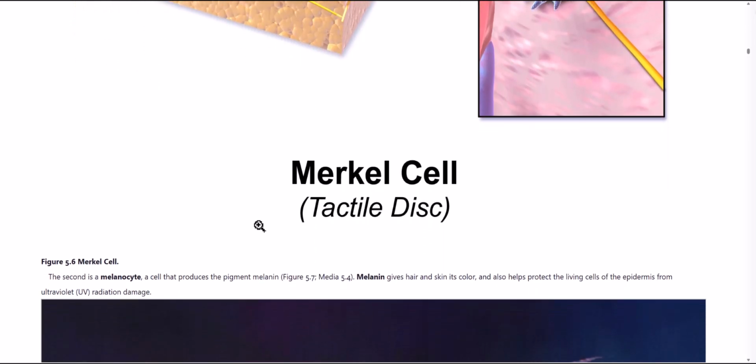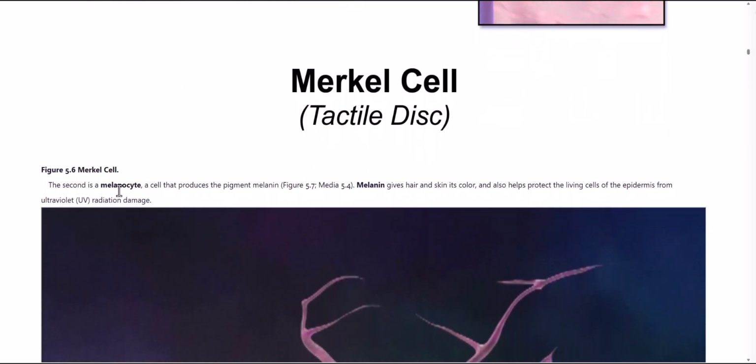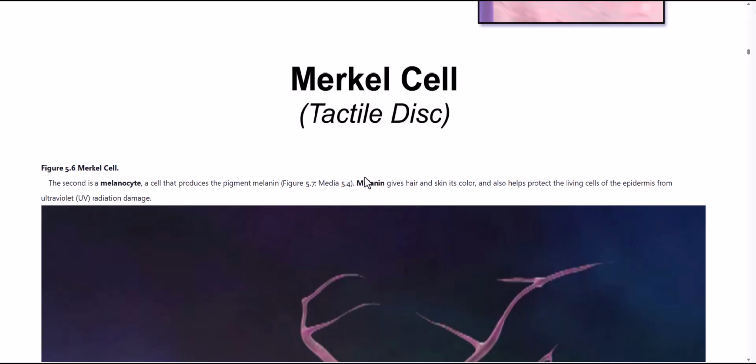Also, those melanocytes, these are the cells that are producing melanin. You have melanin that not only gives your skin its color, but you also have different melanocytes that give your hair its color. We'll see how that works in a few minutes.